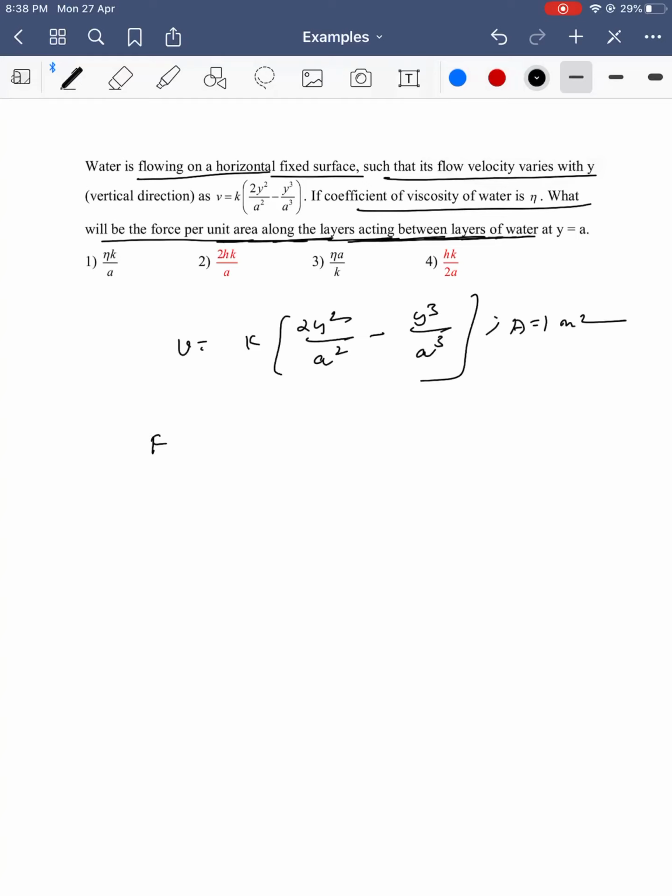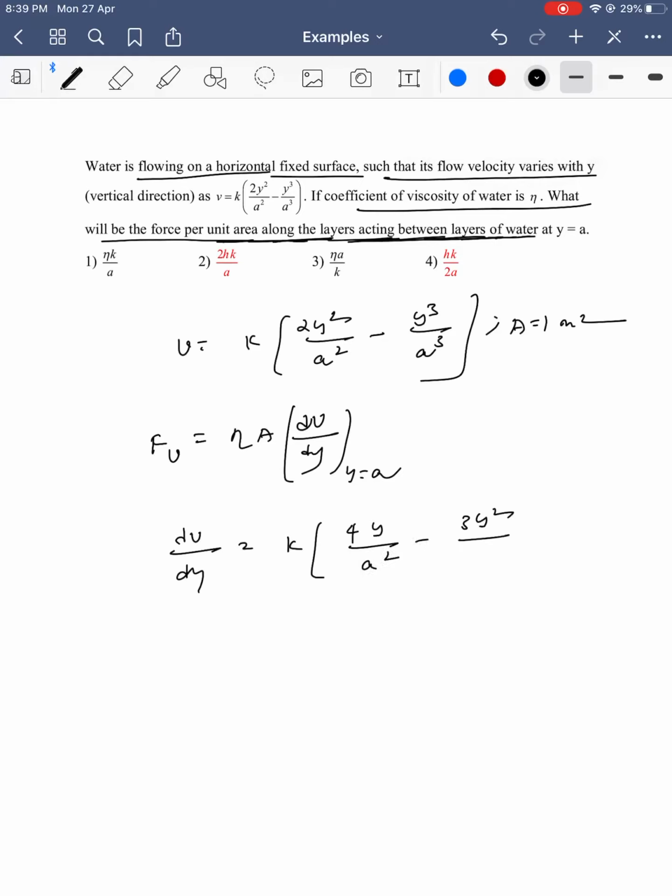So we have the viscous force formula: viscous force is equal to nu A dv by dy, at y is equal to a. So first dv by dy. If you do dv by dy, k into (4y by a² minus 3y² by a³).